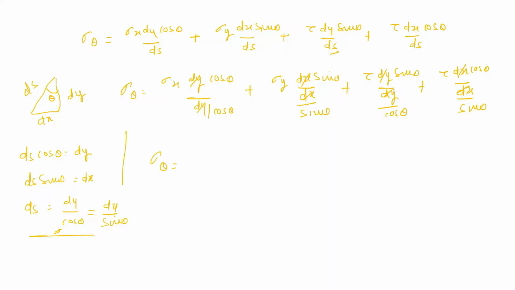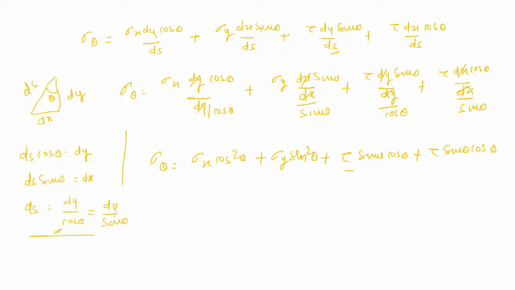Sigma theta becomes sigma x cos square theta plus sigma y sin square theta plus tau sin theta cos theta plus tau sin theta cos theta.